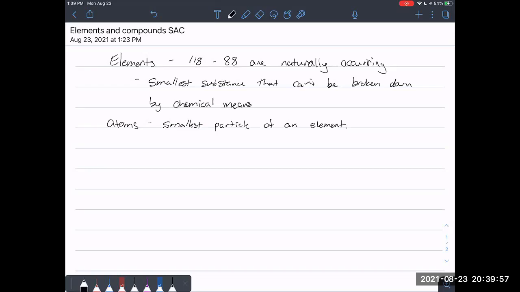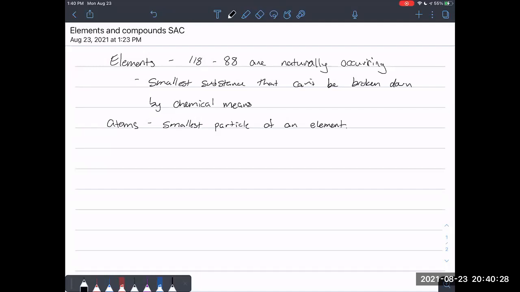So if I, let's say, remove an electron, and I have 6 protons, 6 neutrons, and now 5 electrons, I no longer have a carbon atom. I have something called a carbon ion, and specifically a carbon cation. If I add 2 neutrons, so I have 6 protons, 8 neutrons, and 6 electrons, I'm now no longer dealing with carbon-12.